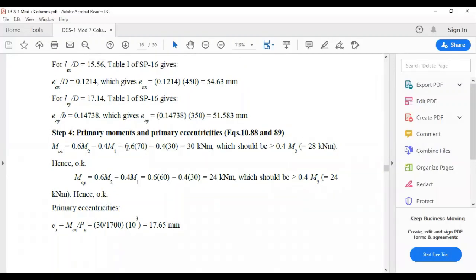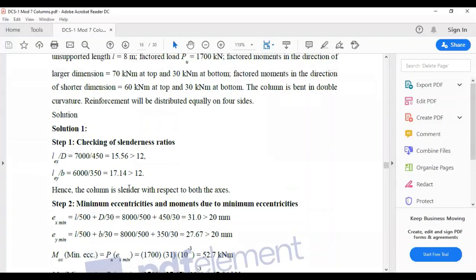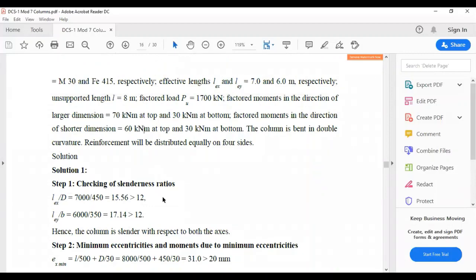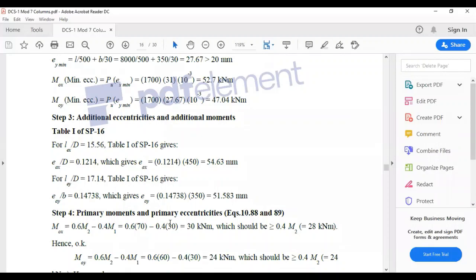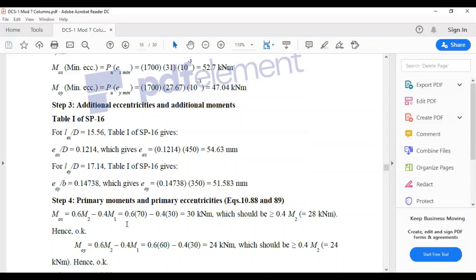M2 is the moment acting on the top, the value given in the question, and this value 30 kilonewton meter is the moment acting at the bottom. If we solve this, the value comes out to be 30 kilonewton meter, which should be greater than or equal to 0.4 M2, and 0.4 M2 is 28 kilonewton meter. So this value is okay.